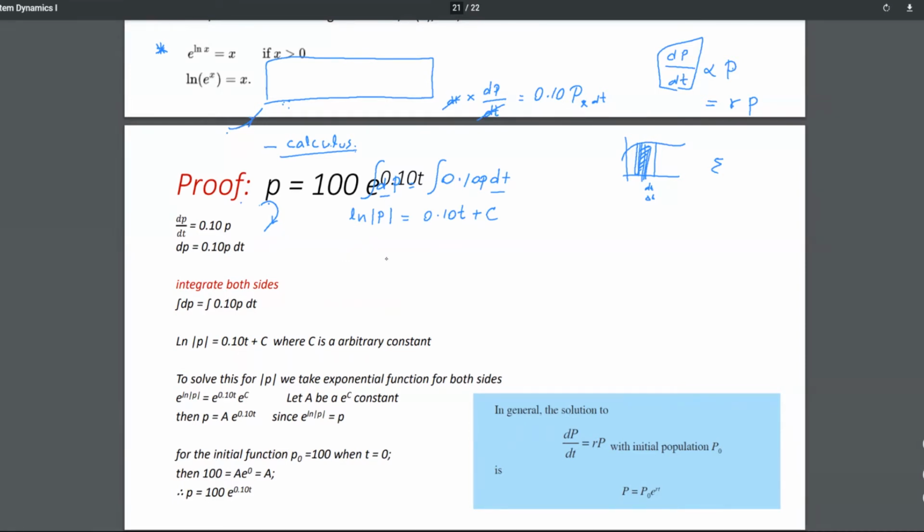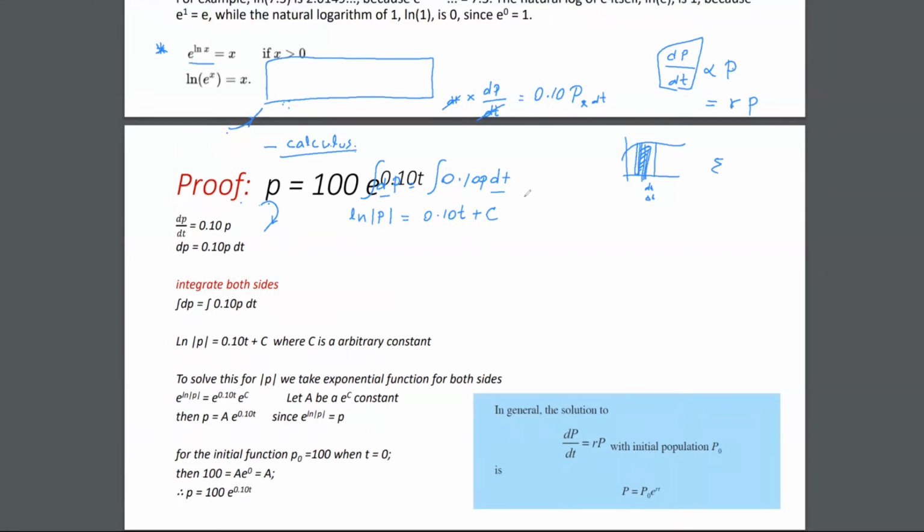So I'm using that property in order to get rid of ln. I know e to the power ln x is equal to x. I just want to get p out of here. So I will power this, and that will be equal to the power of this. Okay. So just get e to the power of this, and it will be the same here.